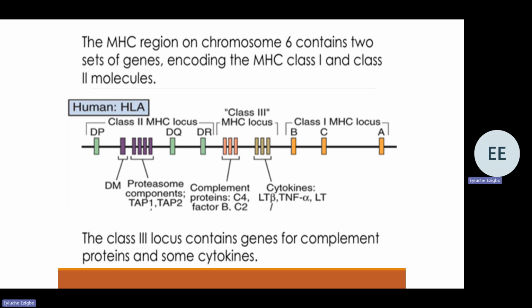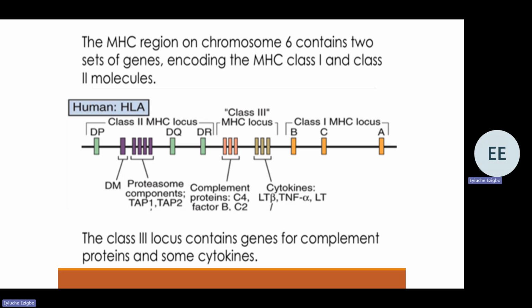The class 3 locus contains genes for complement proteins and some cytokines, which, as we said earlier, encode secretory proteins. When you look at this diagram, you'll see the genetic mapping for these MHC molecules. Like we said, in humans it is called the HLA complex, human leukocyte antigen.